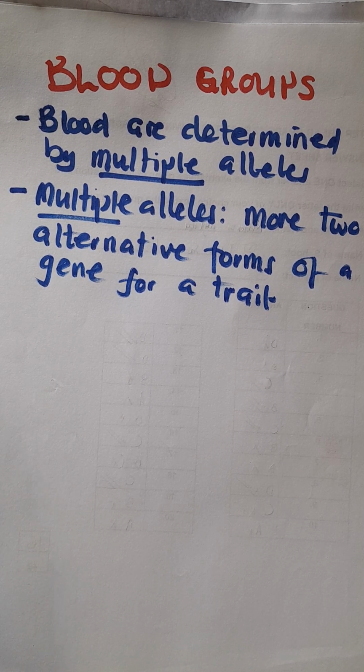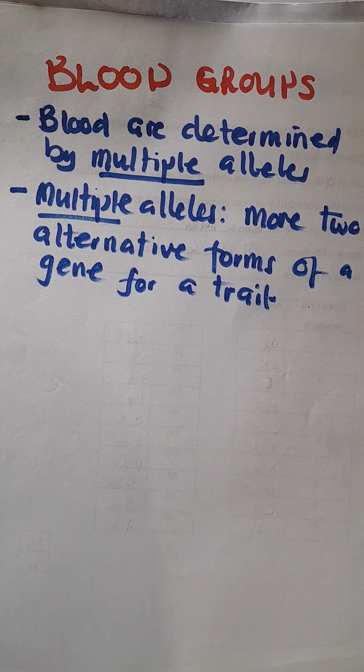Now remember that thus far, for every characteristic that you've been discussing in monohybrid crossing and dihybrid crossing, there are two factors, two alleles for a characteristic, as Mendel indicated in his second law.